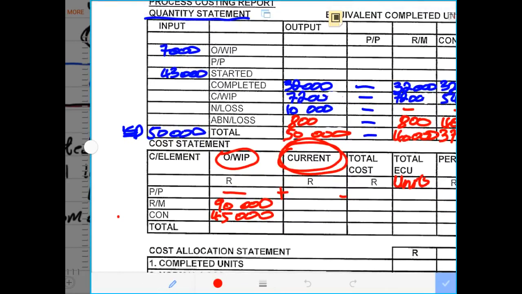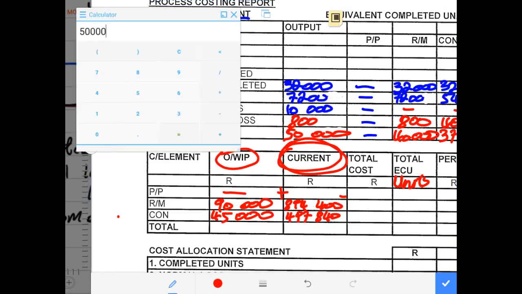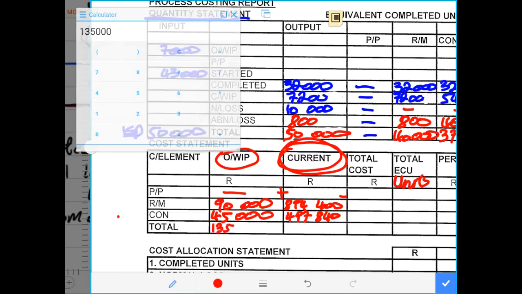So now we record that: 894,400, and the last one is 497,840. Then we calculate the totals of the two. Under the opening, 90,000 plus 45,000 rands gives us 135,000 rands.